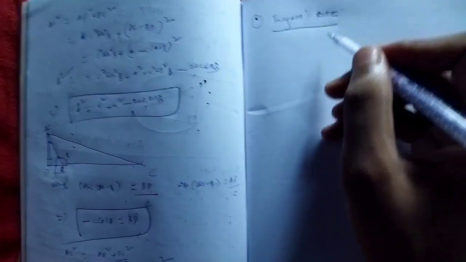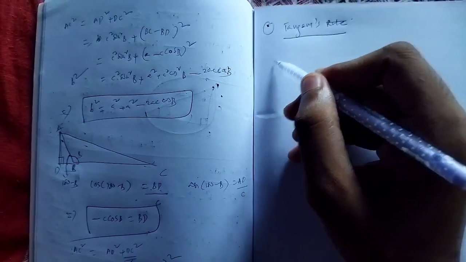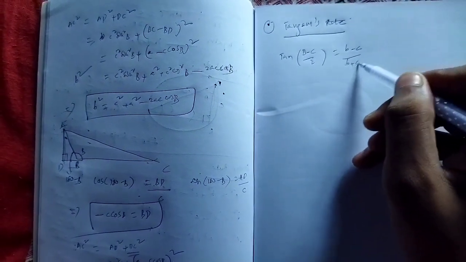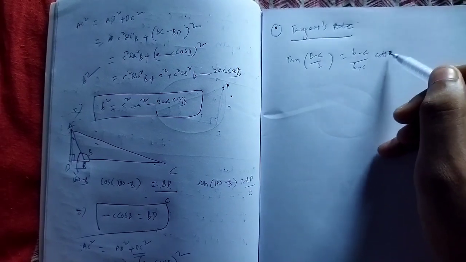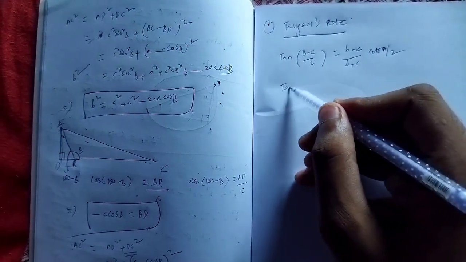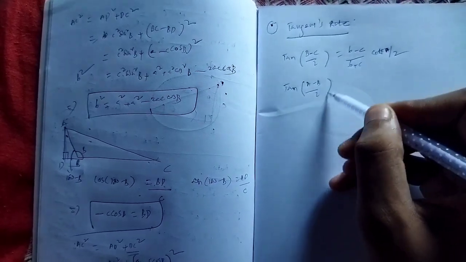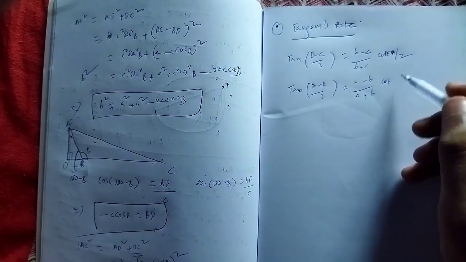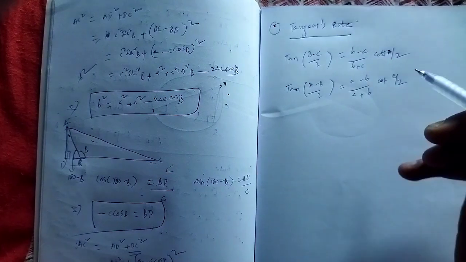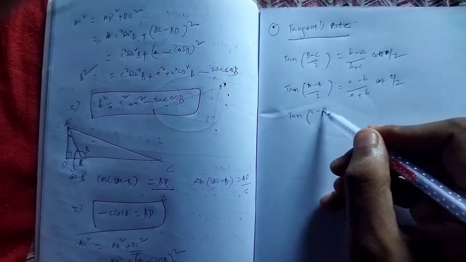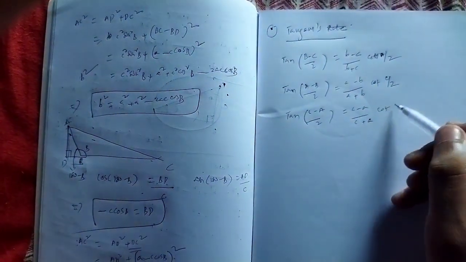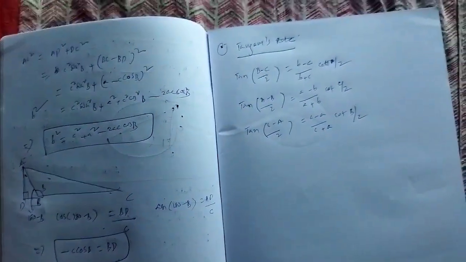It's nothing but tan (B minus C)/2 equals (b minus c)/(b plus c) cot A/2, and tan (A minus B)/2 is equal to (a minus b)/(a plus b) cot C/2, and it is also one of the useful formulae.